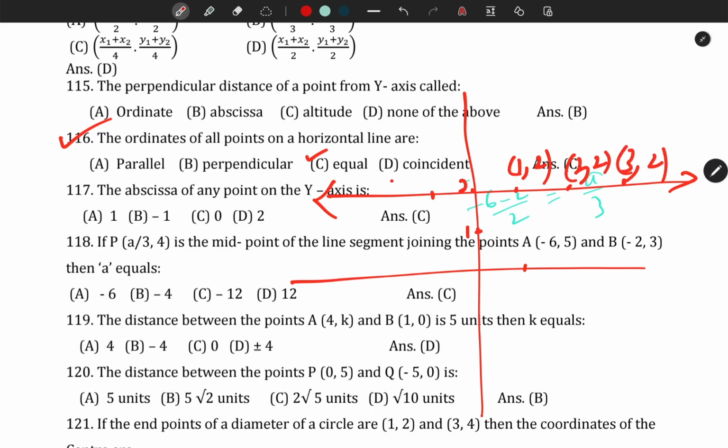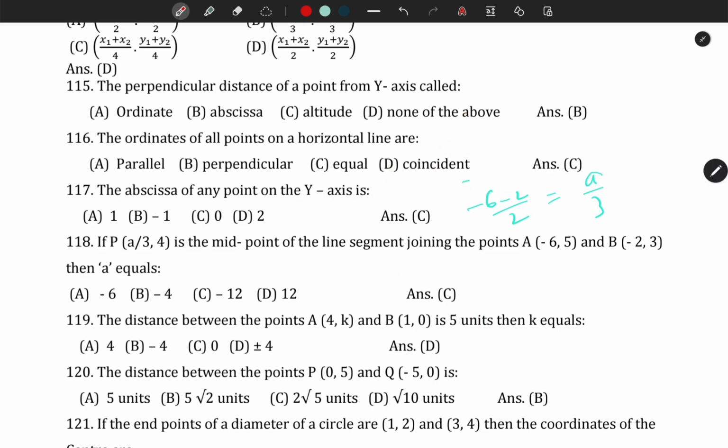If you go this side, this will be minus 1 comma 2. So the ordinates are all equal if it's a horizontal line, and for a vertical line the abscissas will be equal.